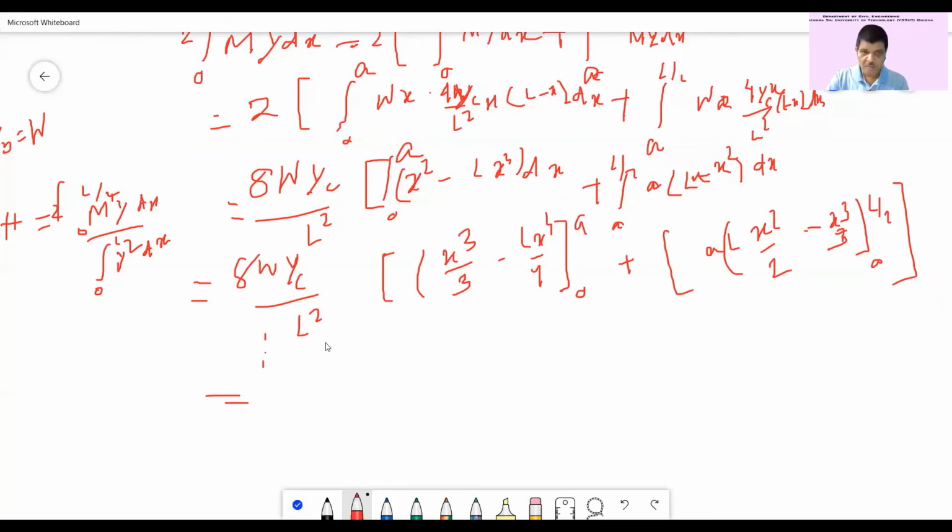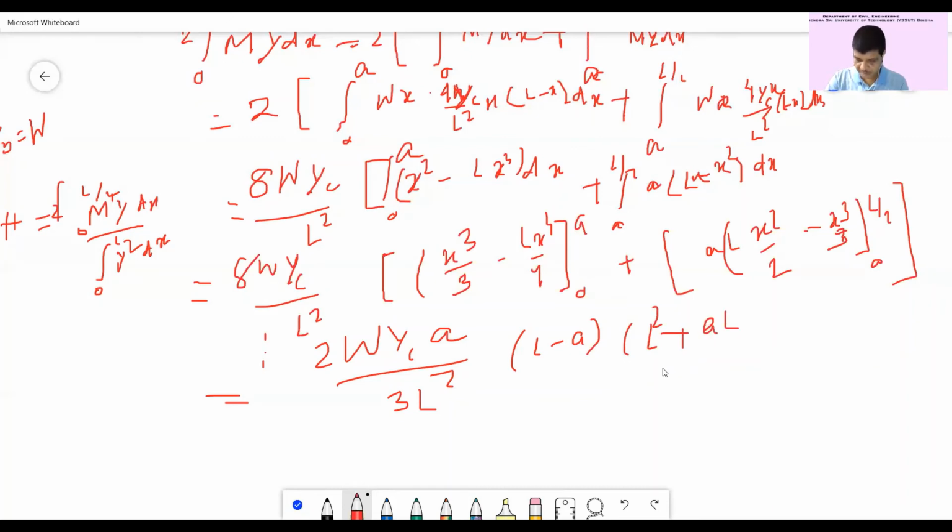Finally, we'll find it will come to W yc by 3 yc into a yc into a by 3 L square, multiplied by L minus a and multiplied by L square plus a L minus a square. So this will be the final solution.